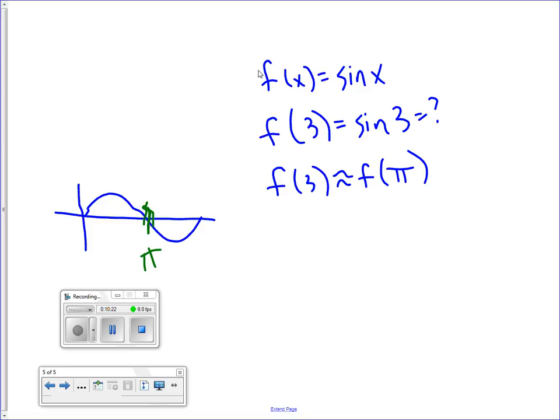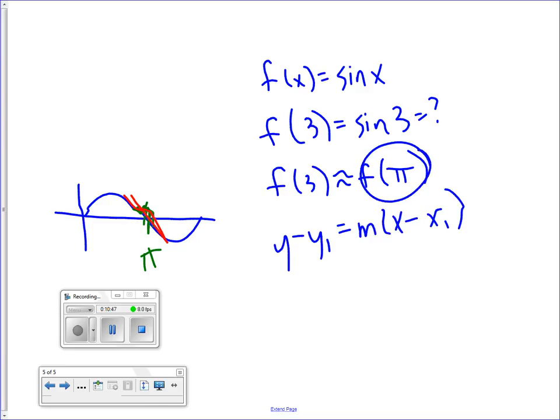My calibration's being wonky as usual. I want to know what's the output at 3, a little bit to the left. So what we're going to do is we're going to come up with the locally linear line, and we're going to use it to approximate. Okay, pretend those are all straight lines there. So we want the tangent line. And we want the tangent line at pi, because that's something we can calculate pretty easily.